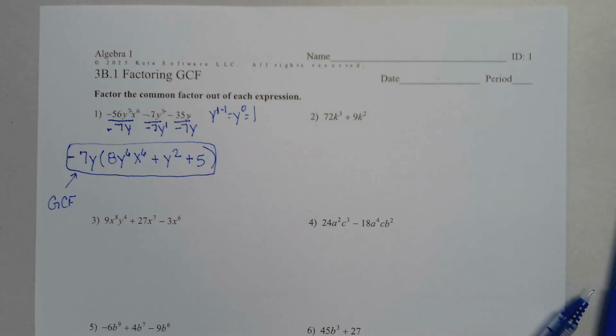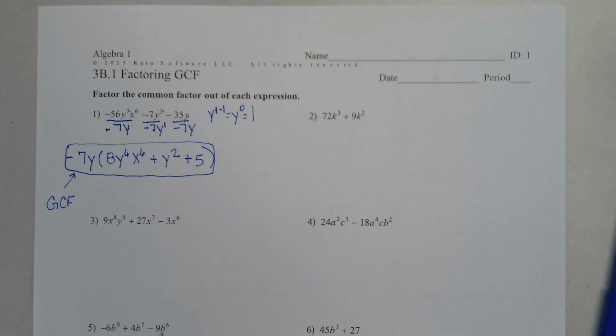Now, the only other thing I have to look at are my variables. So let's see, my smallest exponent for my variable is a 6. So that's the most that I can take out is 6, because that's all that these have in common. They all have at least 6 b's to factor out.